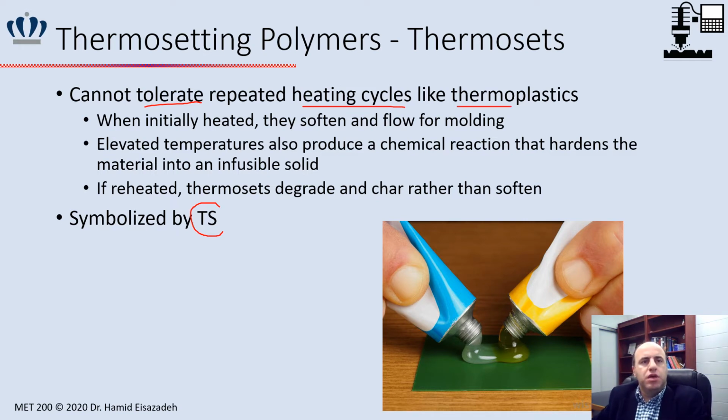When they are initially heated, they soften and flow for molding. This is an example, hardener and epoxy. When you mix them, they become solid material. Then the shape cannot be changed. When they are reheated, the thermoset material degrades or burns.